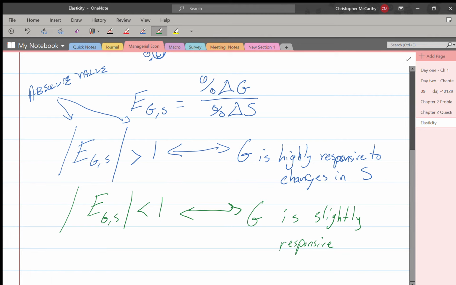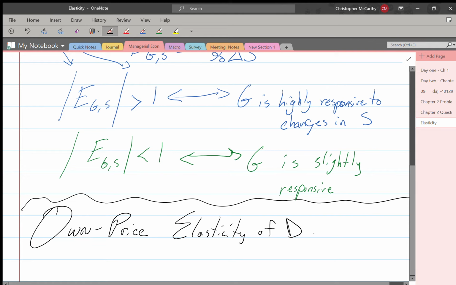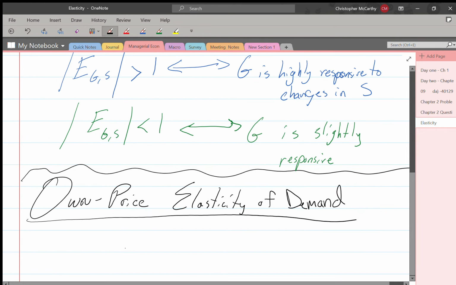So the first elasticity of demand that we're going to be talking about is the own price elasticity of demand. The own price elasticity of demand is measuring how the quantity demanded is impacted by the price.